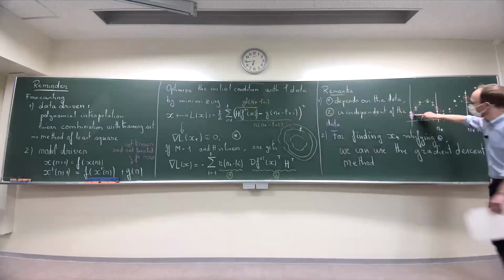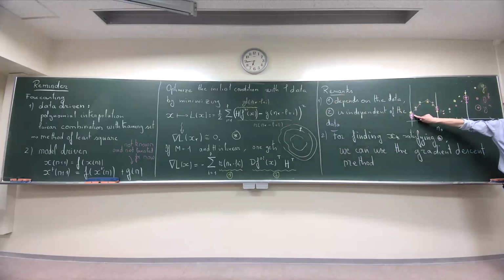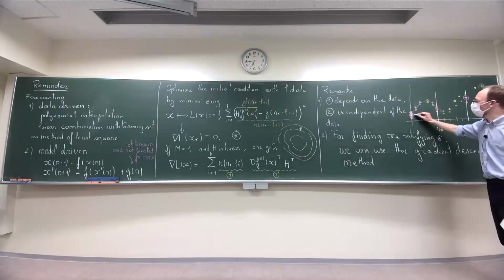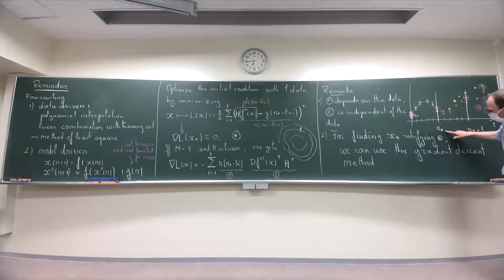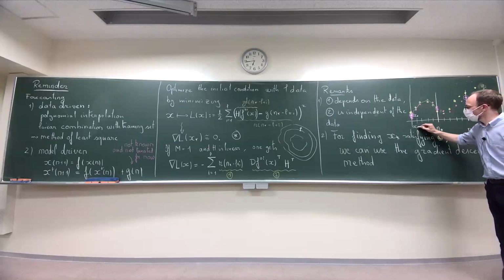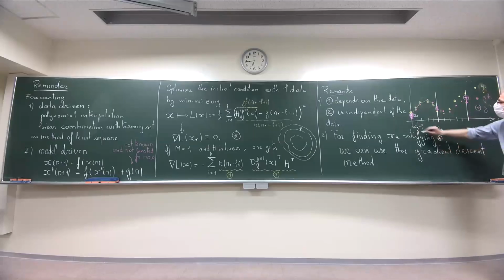So with this initial condition here, which I also called X star, I'm going to have a better approximation of the yellow dots. So this is the X star that I found for X star minus L. And now it ends up here. And now I call this YA at time N star.